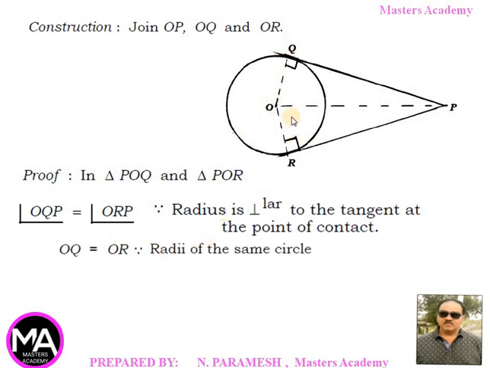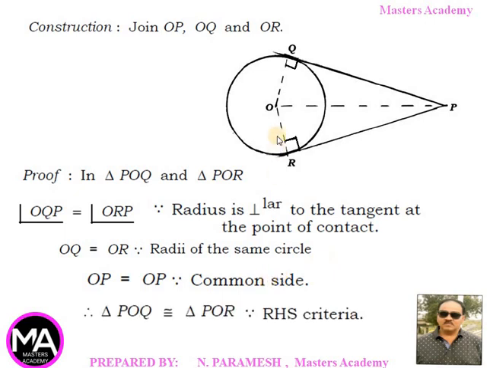Reason: radii of the same circle. OP is equal to OP, the common side. Therefore, triangle POQ is congruent to triangle POR. Reason: right angle hypotenuse side criteria. Therefore, PQ is equal to PR. Reason: CPCT.